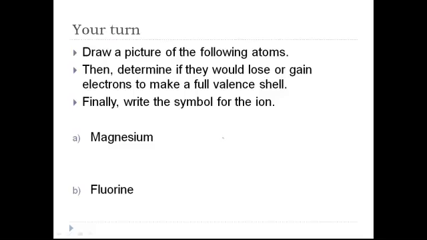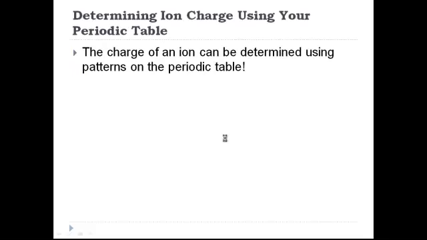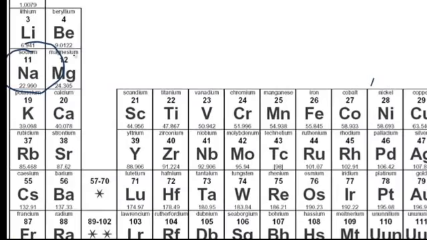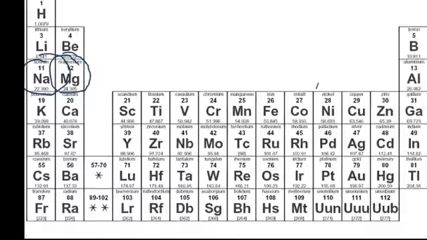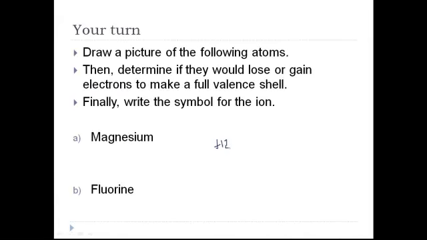Let's start with magnesium. If you look at your periodic table, magnesium is in group 2 and it has an atomic number of 12. So we're going to put +12 in the middle, that's the nucleus, and we'll start filling in the electrons around it. So first energy level can only have 2, got 10 left.